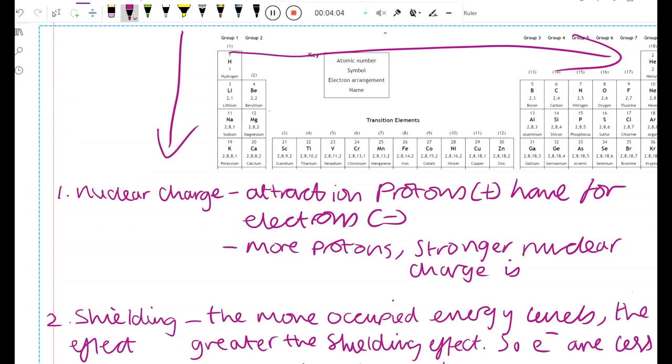Okay, hopefully as we go through the three main areas where these two things apply, it will start to make a bit more sense. But nuclear charge is to do with protons, and the more protons you have, the stronger the nuclear charge. And the shielding effect is to do with energy levels. The more energy levels you have, the larger the shielding effect, or the more effective the shielding is. Okay?